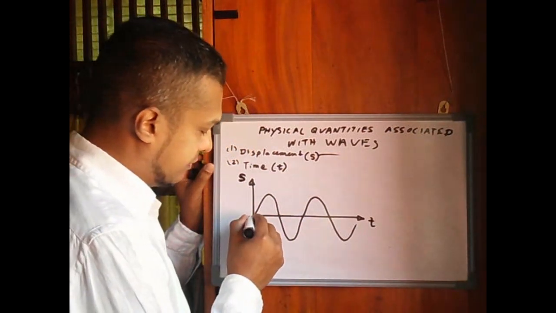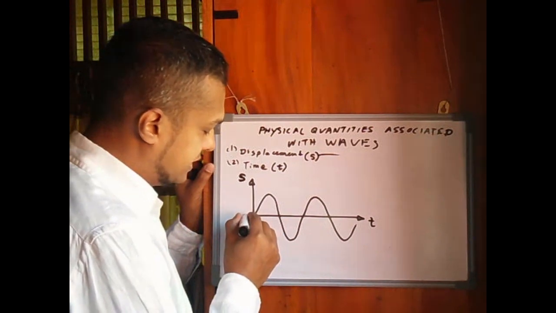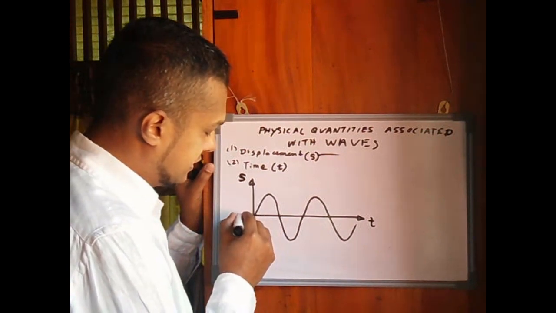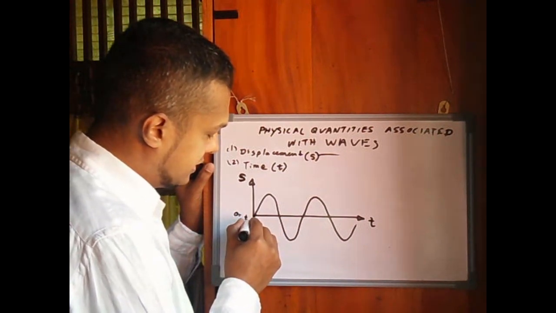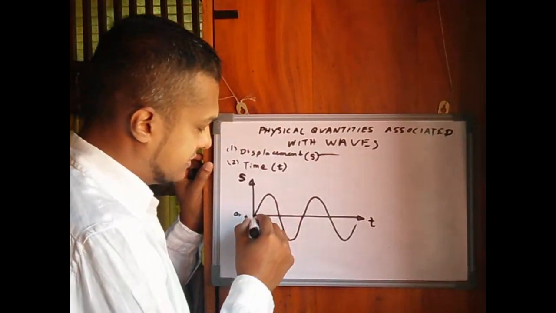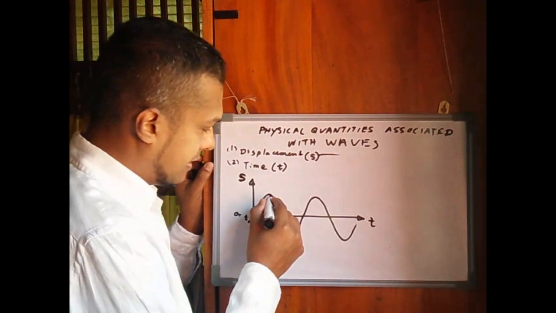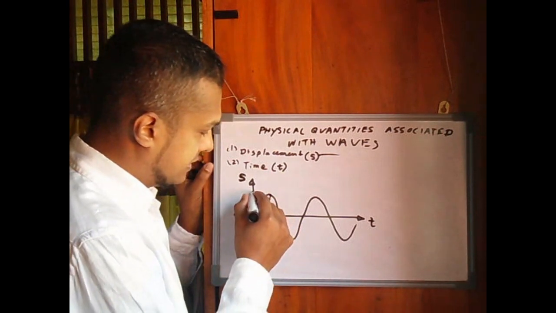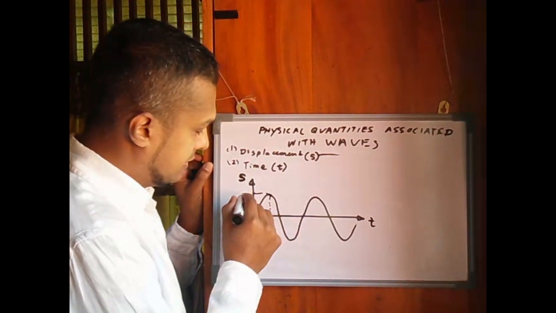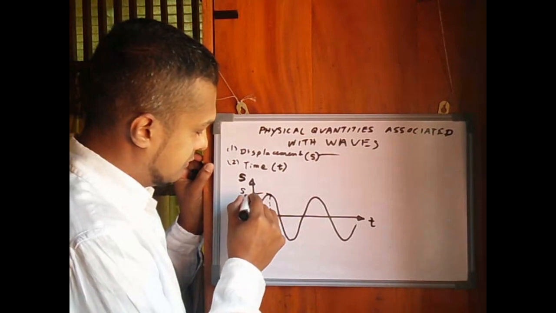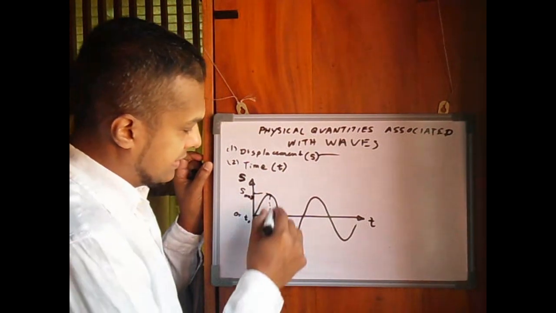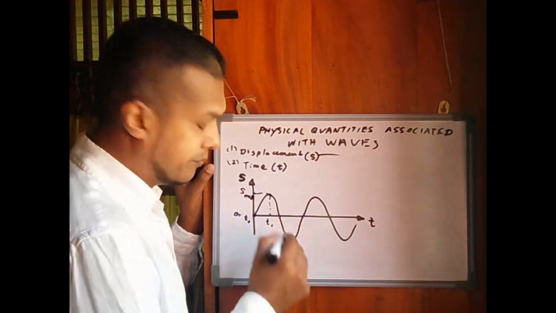It starts from t equals 0, so we will call it t0, and then it reaches the maximum displacement, S max, at this point, which is t1.